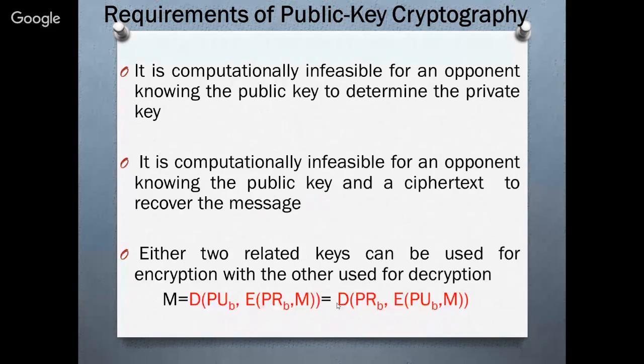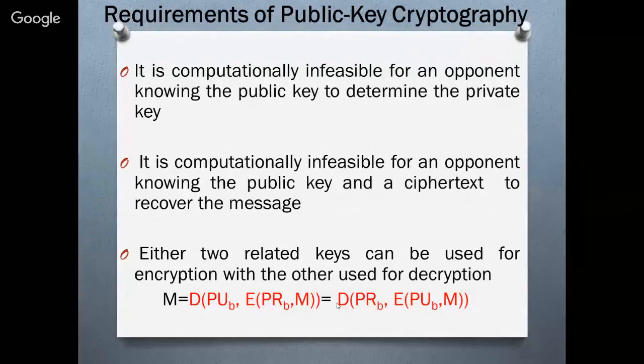The next requirement says that it is computationally infeasible for any opponent knowing the public key to determine the private key. It's very difficult. By knowing only the public key, I can't determine what the private key may be. The next requirement: it is computationally infeasible for an opponent knowing the public key and the ciphertext to recover the message.